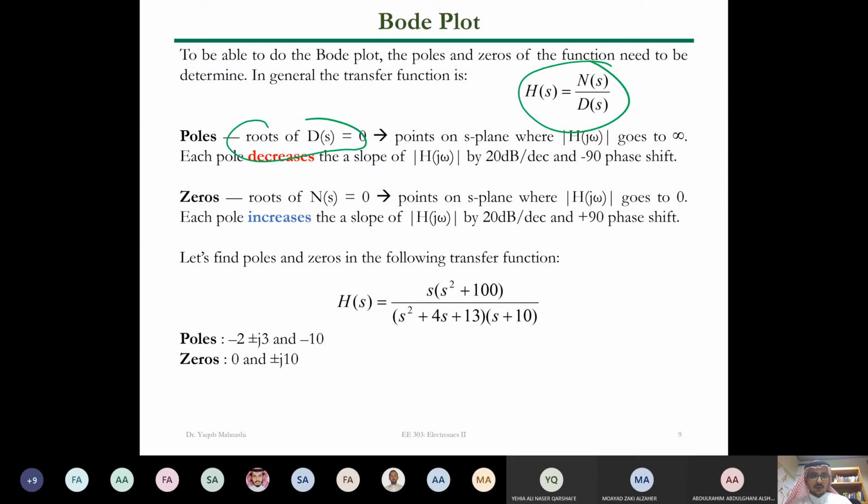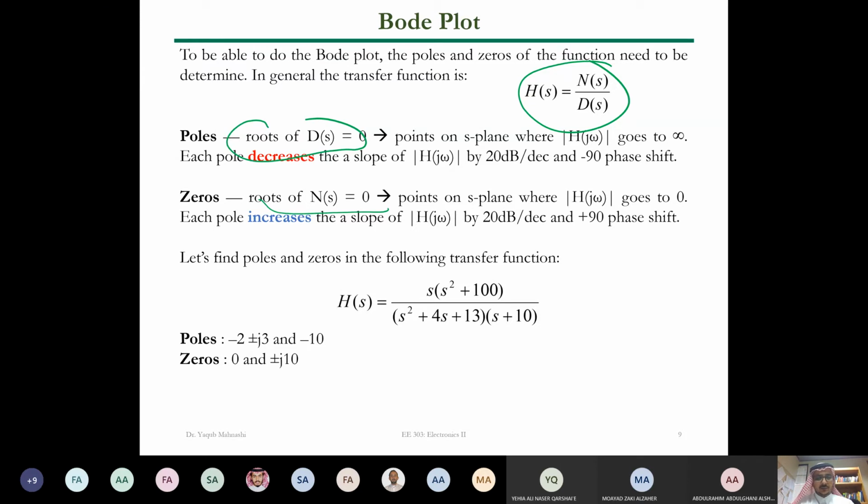The zeros are the roots of N(s), and it is as if you are saying the voltage at the zero will be 0, so you are nullifying the output voltage. So these are the poles and the zeros of the system.